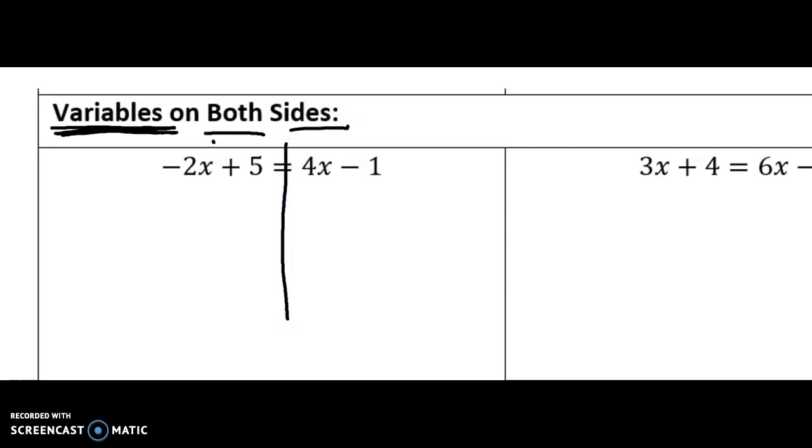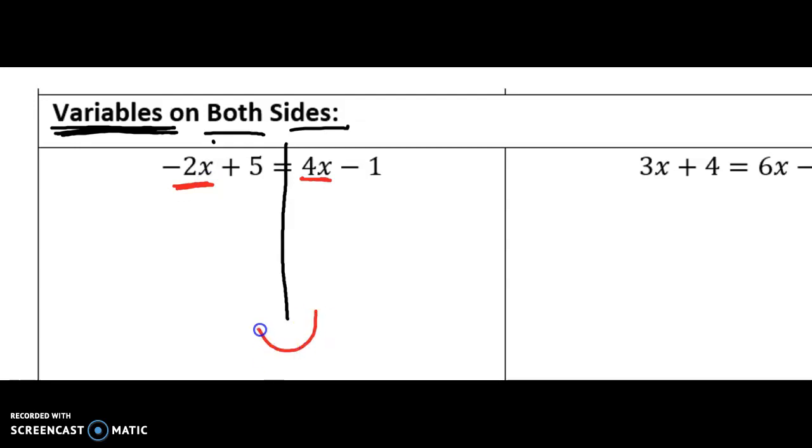And here, a lot of students get confused as to what the correct step is. It doesn't matter. Everybody chooses to do things differently. A strategy I like to use is to move everything to the left, because moving everything to the left makes it easier. So this 4x, I can combine it with this 2x, but be very careful.